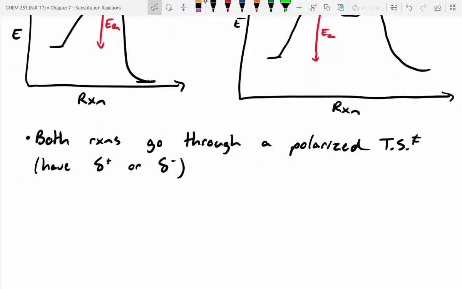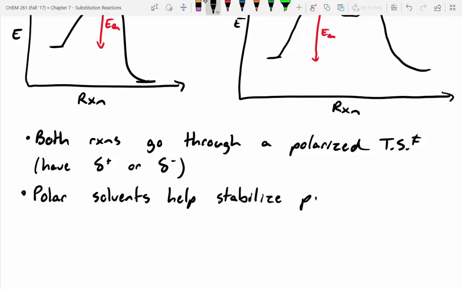And polar solvents help stabilize this. That means that substitution reactions are faster in polar solvents.